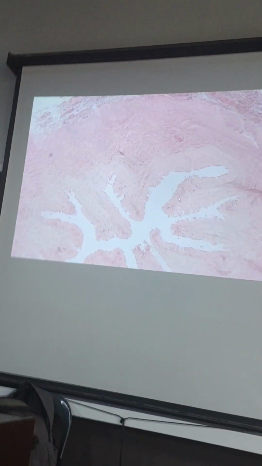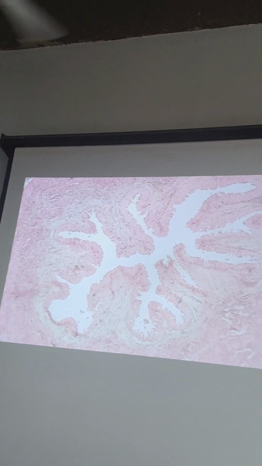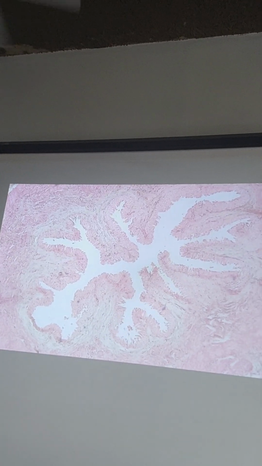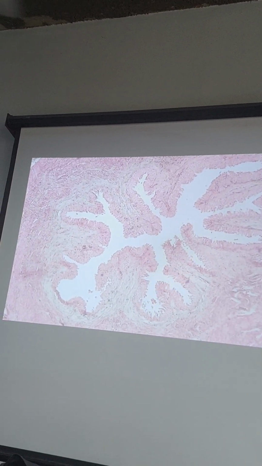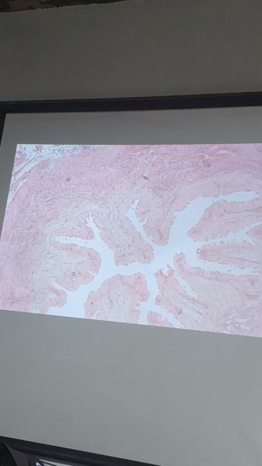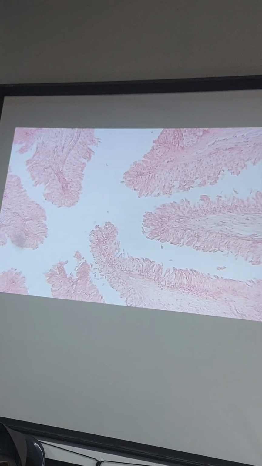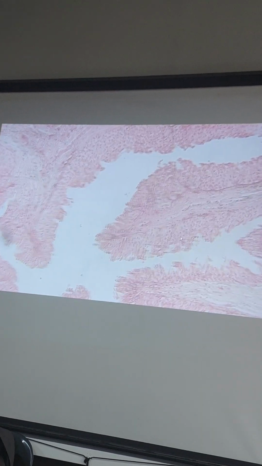Next, we have another organ here. We see that it has a stellate-shaped lumen. If we look at the lining epithelium, what's this epithelium? It's transitional, or urothelium.